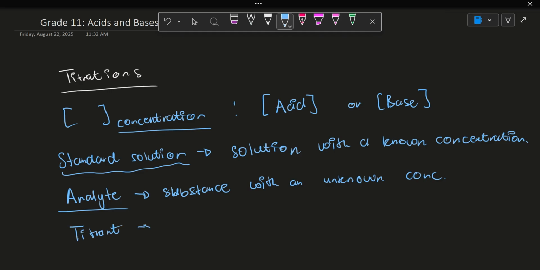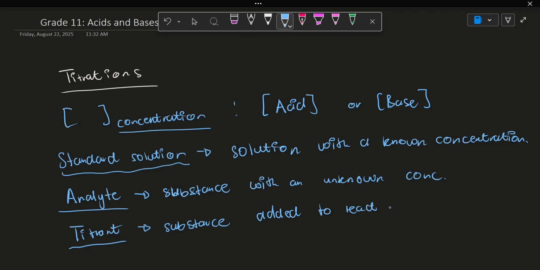So what exactly is a titrant? A titrant is a substance that we add to the analyte in order to eventually get to the concentration of the analyte. So it's a substance that is added to react with the analyte.